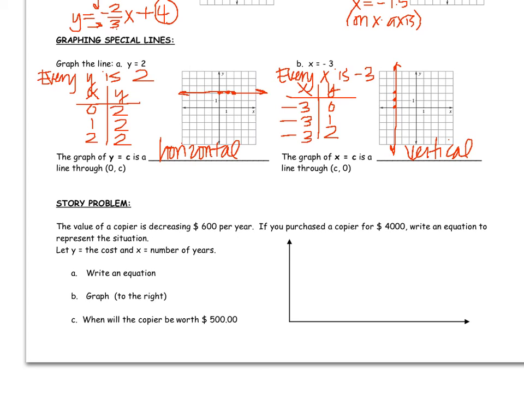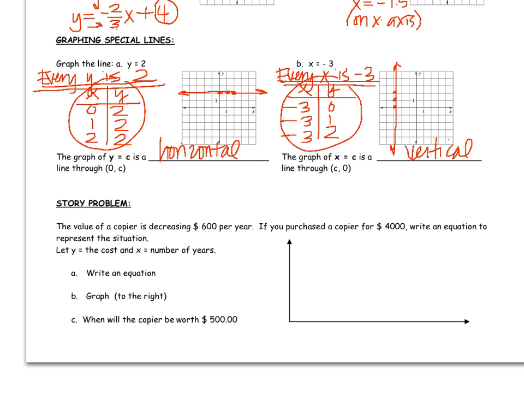Now, some people memorize, okay? You could say a y equation is a horizontal, and an x equation is a vertical. I never memorized. If I can find a way around memorizing, I will do that. And the easiest way around memorizing is figuring out what does it mean and how can I use a table to make that work. Okay.